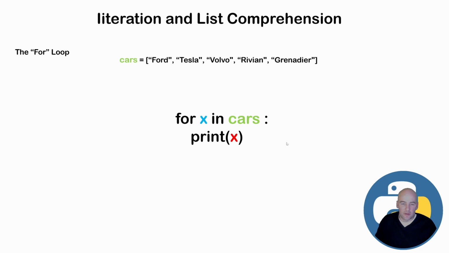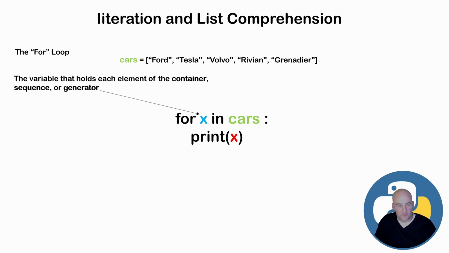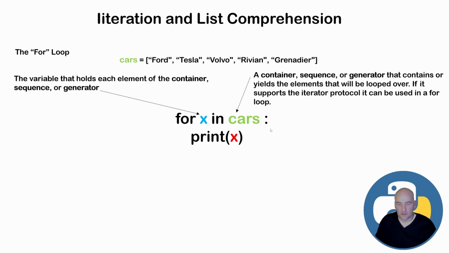Anyway, going into detail, we've got the for loop. How does the for loop work? Well, there are a number of parts to the for loop. The first one is that variable, which holds each element of the container, sequence or generator. In this case, that's cars, which contains the elements that we're going to loop over.